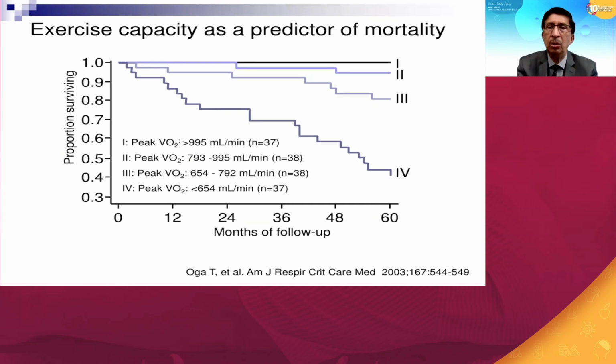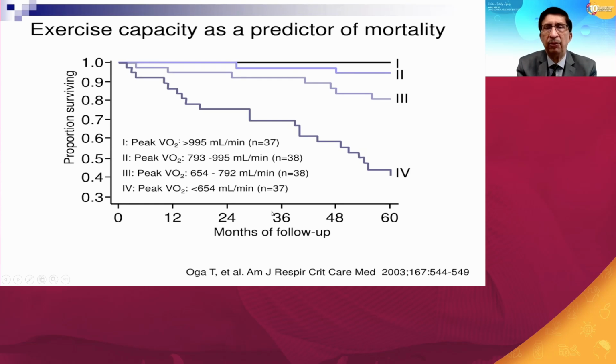At GOLD stage 1, you consume more than 1,995 milliliters, compared to a peak oxygen consumption of only 654 milliliters in somebody with severe disease. The oxygen consumption is so poor.